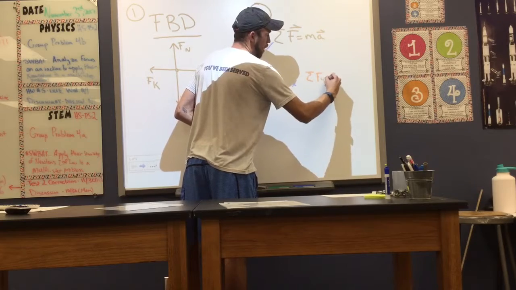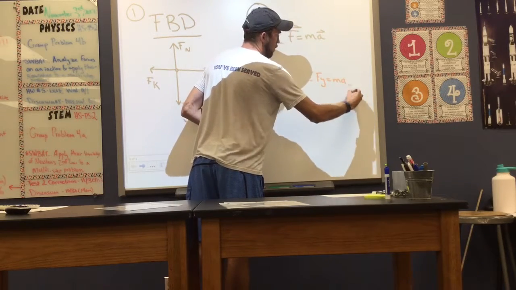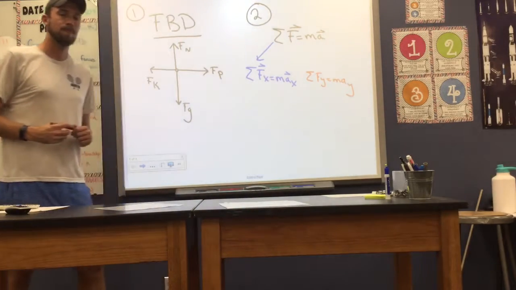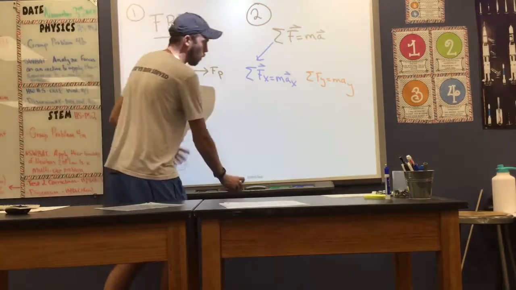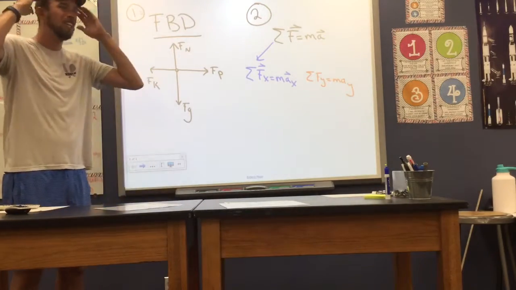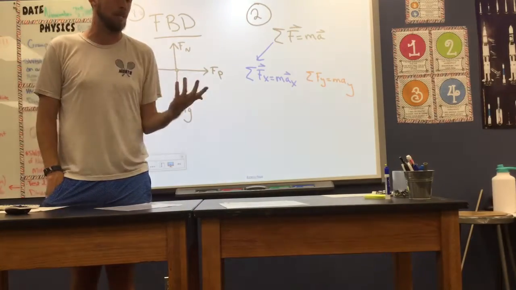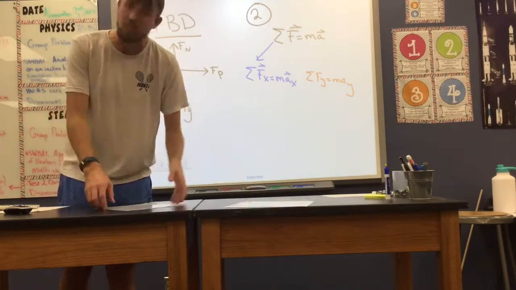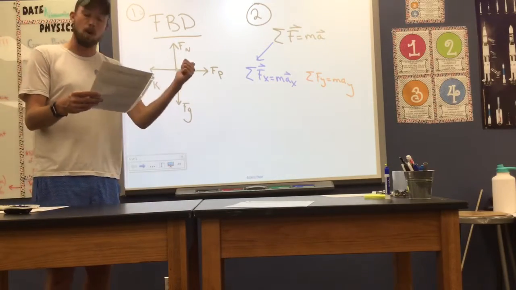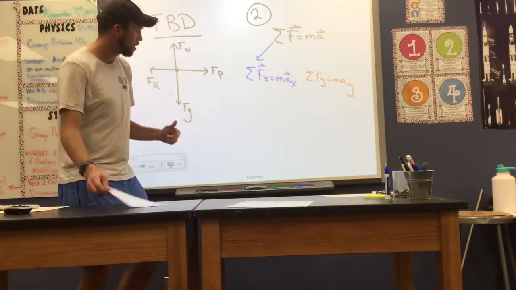Sum of forces in the y is equal to mass times acceleration in the y. Now, remember we're looking for a coefficient of friction. And right now, it's going to seem a little bit confusing because that doesn't show up anywhere in the problem statement. But if we continue reading what's there, we draw our free body diagram, we write out Newton's second law.